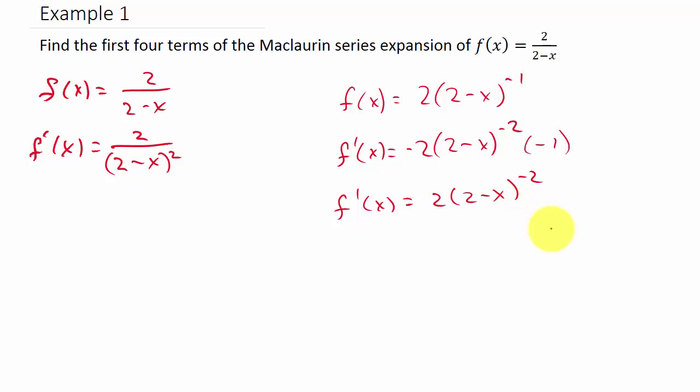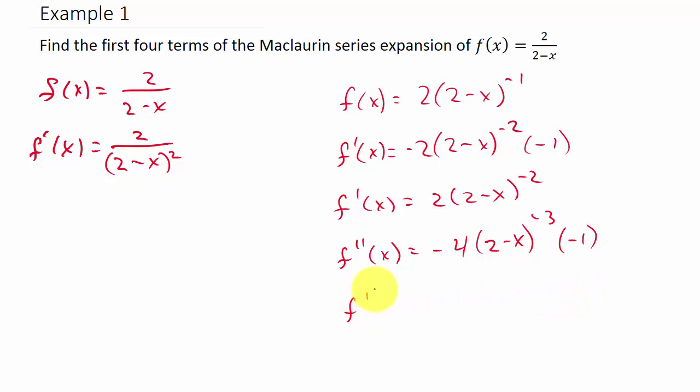Now let's find the second derivative. I would bring the negative 2 down, so that's negative 4 times 2 minus x to the negative 3, times the derivative of what's in here, which would be negative 1.